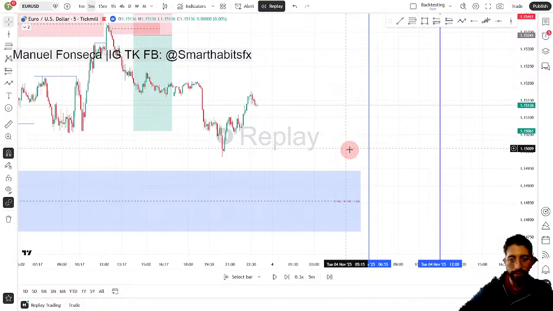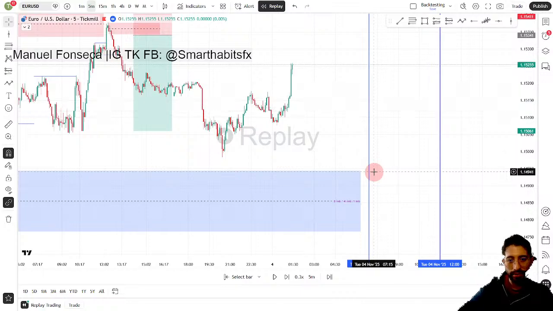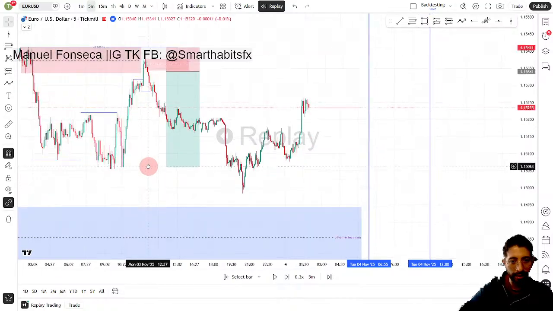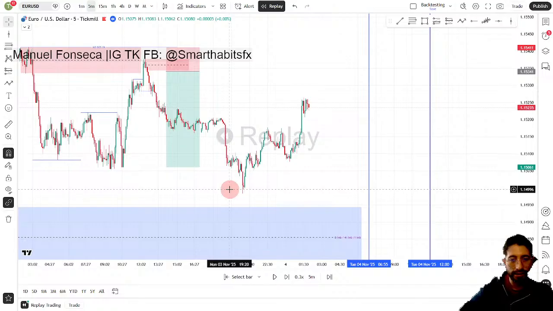So when I woke up next day, by this moment my order would be in stop loss because it's having a really huge reaction. After this liquidity grab, the price is already very close to this imbalance. So for me, it's enough for the price to have a reaction.